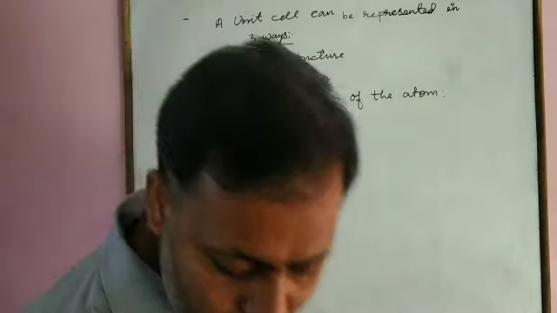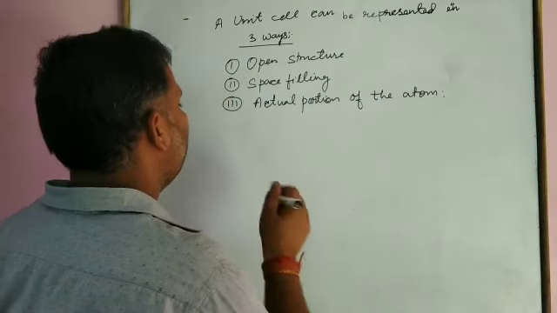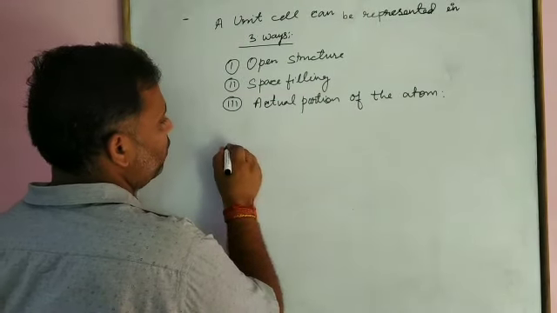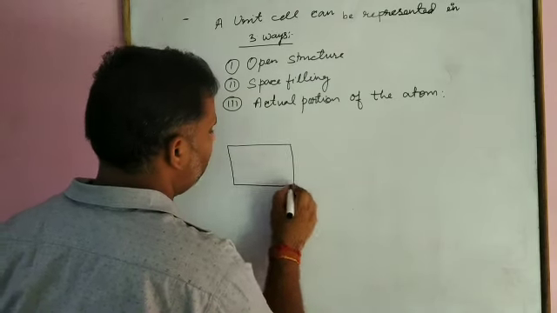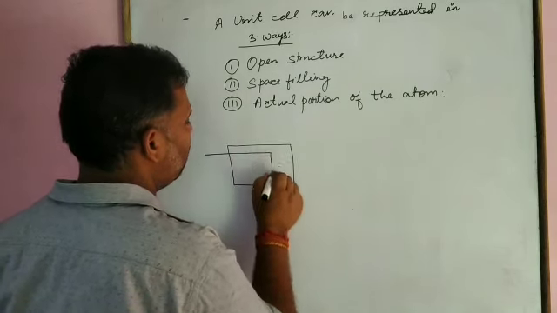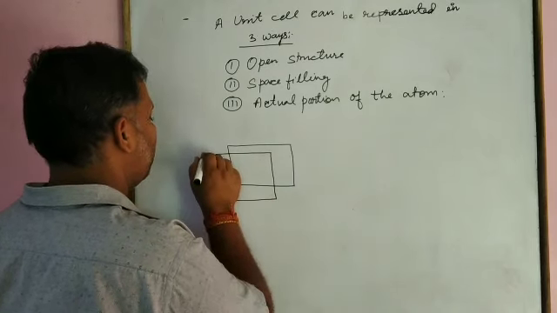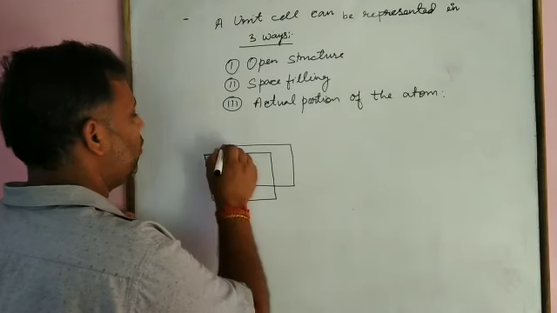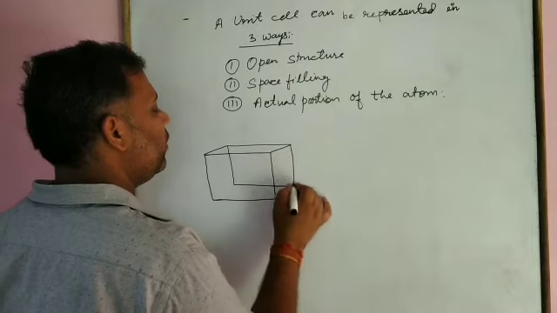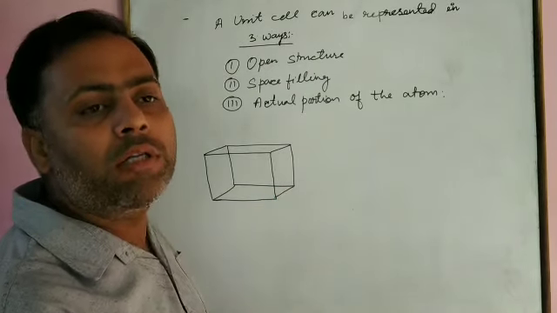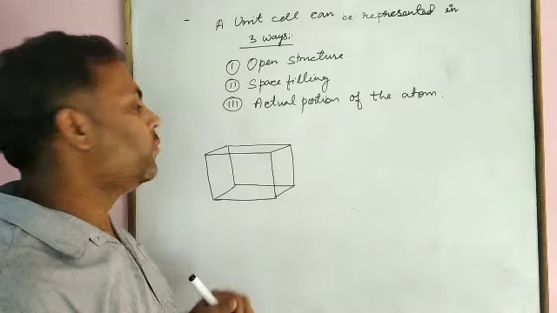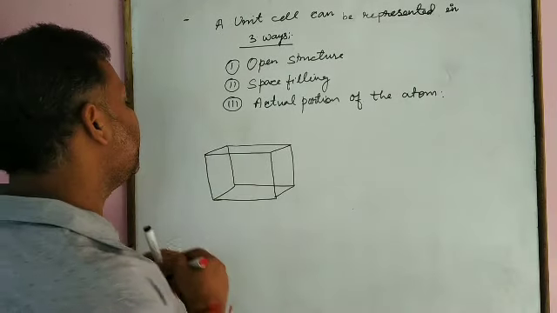In open structure, what we do? In open structure, we simply represent the center of the atom in the unit cell by a point like this.